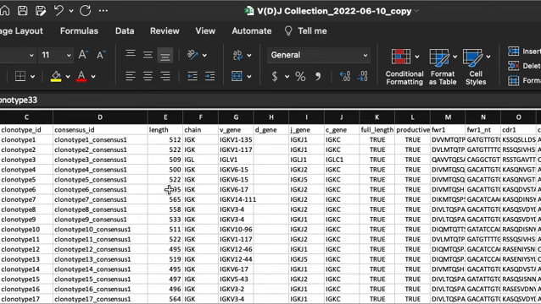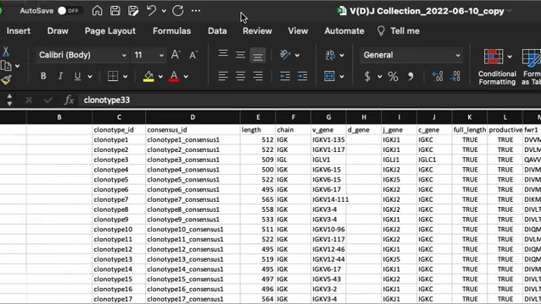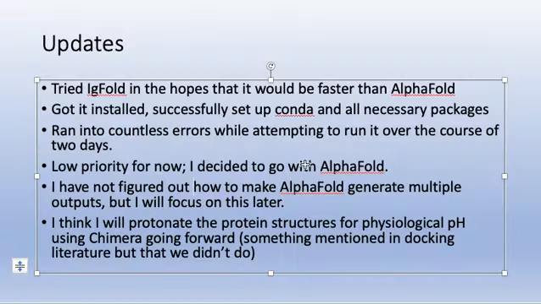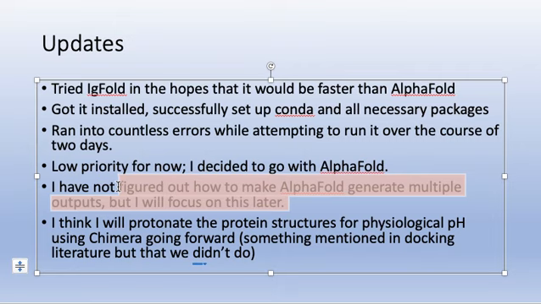I concatenated them together with the constant heavy and constant light from the plasmid sequences that I had on Geneious for the 10x that you mentioned I could use. I put a linker in there, also from the plasmid, and I submitted them through AlphaFold. So yeah, I did not figure out how to make AlphaFold generate multiple outputs.